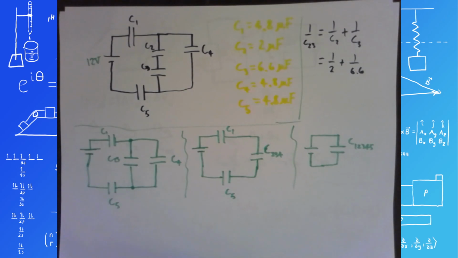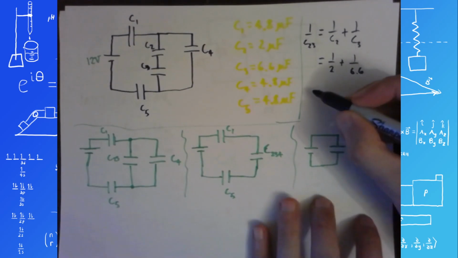Let's see, calculator. 1/2 plus 1 over 6.6. I'm going to put that in parentheses. And then I'm going to do 1 over that result.